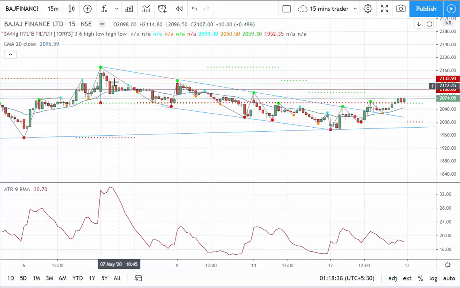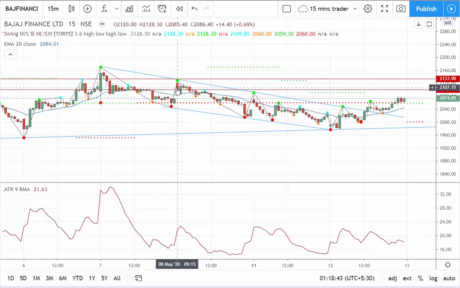Where you have to enter is when the stock swings low and consolidates. During this consolidation, you have to wait for the swing high to happen. Once there is a candlestick reversal on this swing high, you just exit and sell the stock. So you sell it over here.